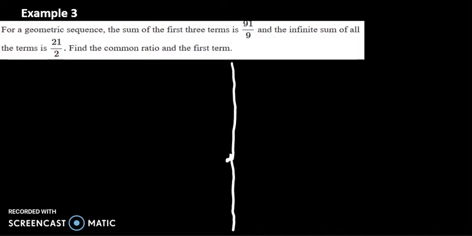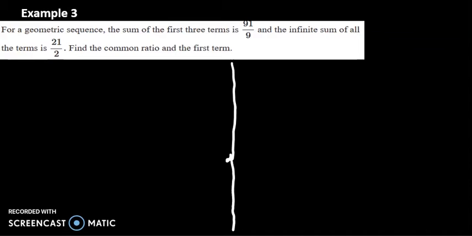For a geometric sequence, the sum of the first 3 terms is 91/9, and the sum of all the terms to infinity is 21/2. Find the common ratio and the first term. In this question we have to use both finite geometric series and infinite geometric series. So let's start with the finite one.